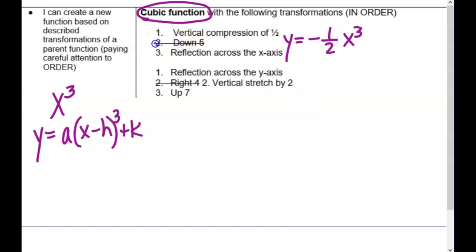I took this out on purpose because there's not going to be one that's that complicated. It made it very complicated. All right, well, I don't know that one, anyway, some of them did. I switched this one. Reflect across the y-axis. Where does that negative go? Inside on the x.